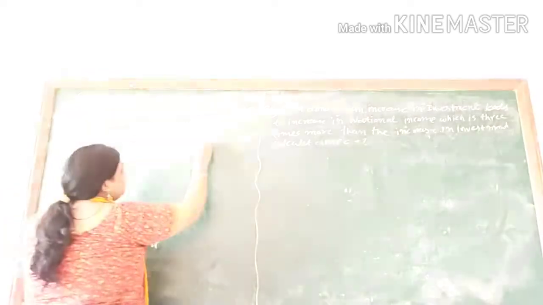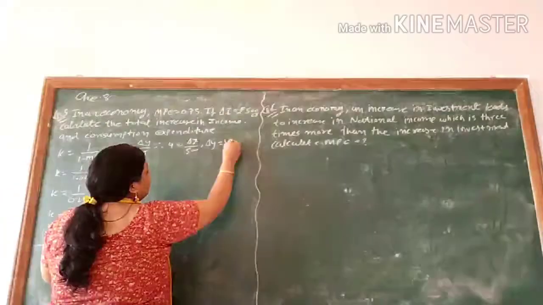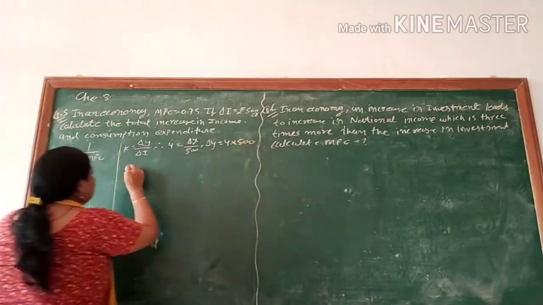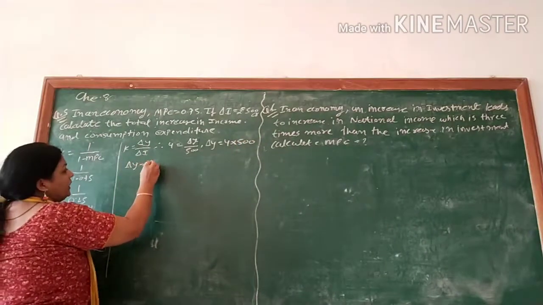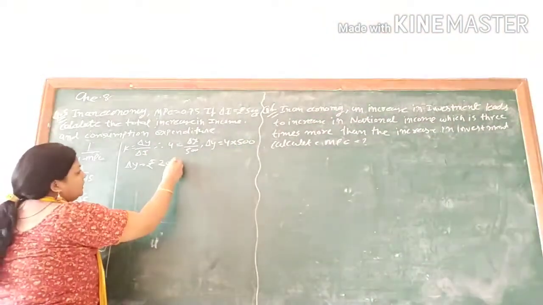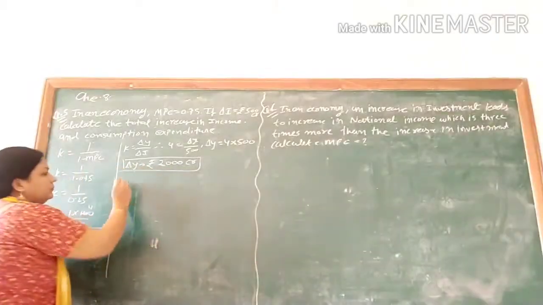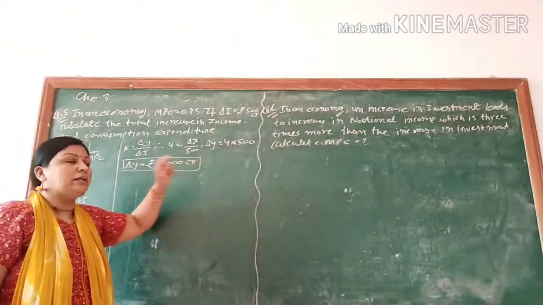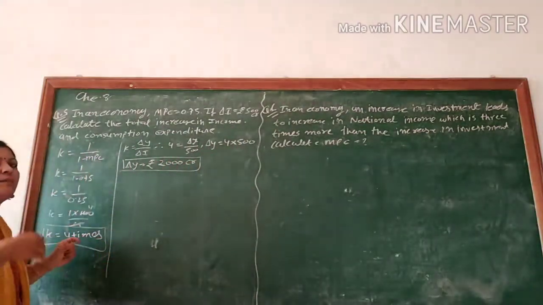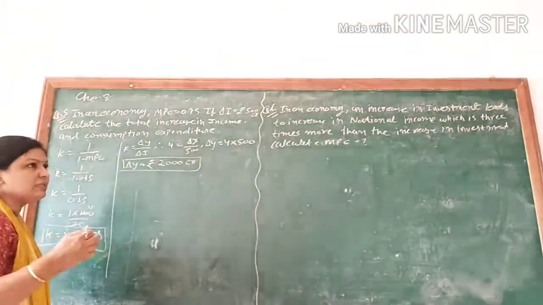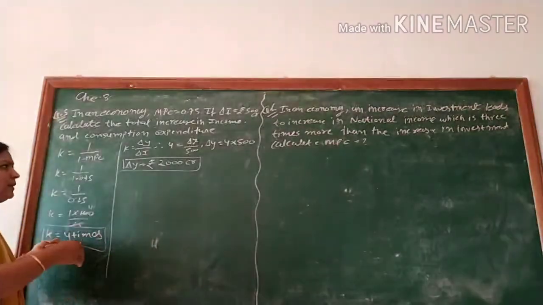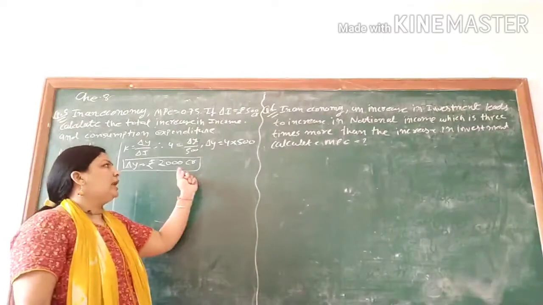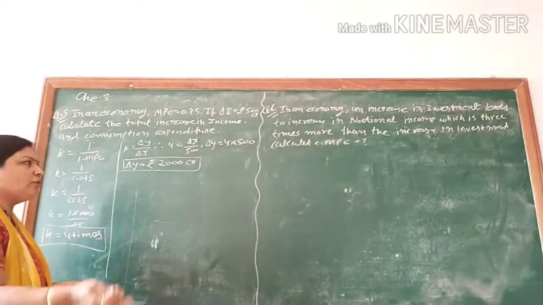So delta Y equal to 4 into 500, so delta Y equal to rupees 2000 crore. देखो बेटा 500 into 4 that is 2000. It means हमेशा हम लोग बोलते हैं इनकम हम लोग कितनी बार मल्टीप्लाई करेंगे इन्वेस्टमेंट, तो इनकम आएगा तो 4 टाइम्स मल्टीप्लाई करेंगे so 2000 आएगा, और 2000 डिवाइडेड बाय 4 करेंगे तो 500 आएगा.